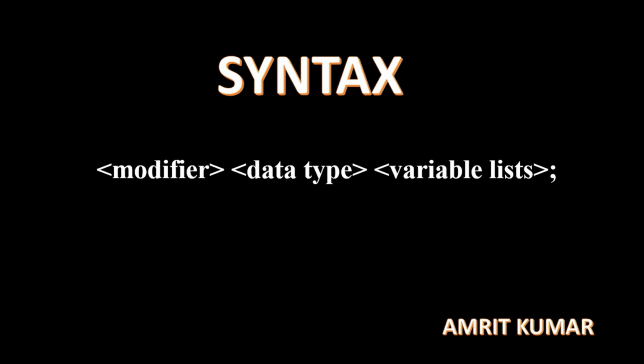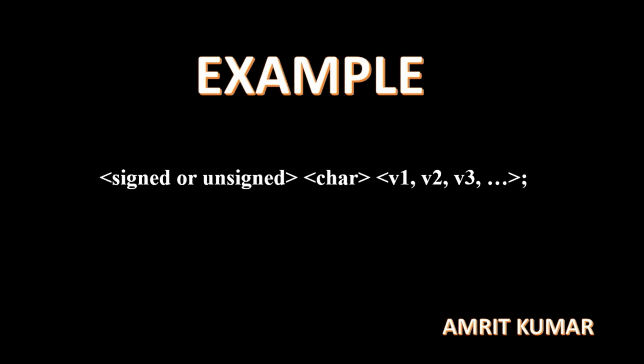Okay, so let's look at an example. Here you are seeing that I am using two modifiers, signed or unsigned, and the data type is the character data type, that is char.